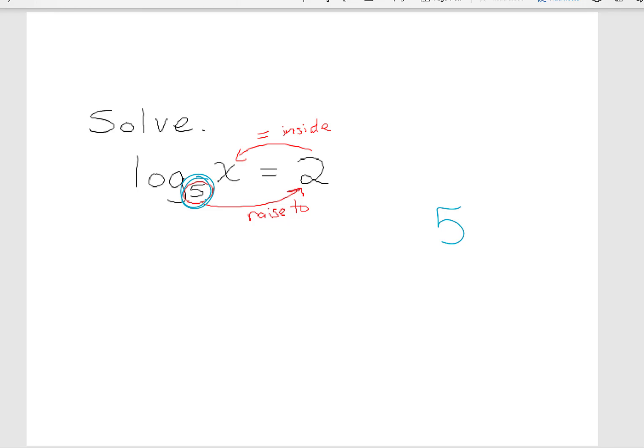So base raised to 2 equals x. So that actually pulls the x out of that log so that we can solve for it, right? So 5 squared is 25, and that would be my answer.